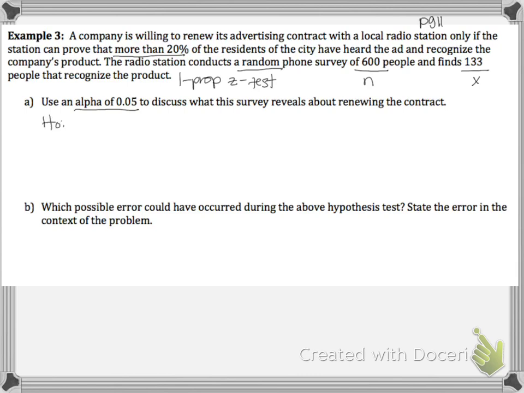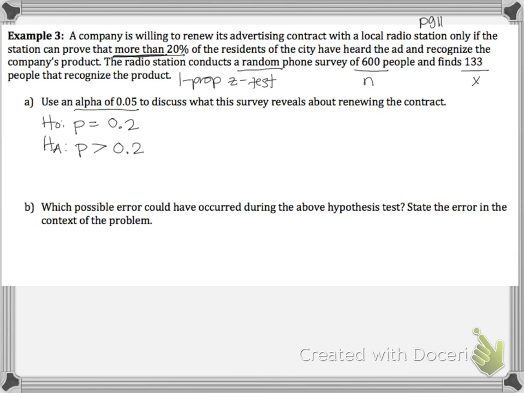So let's begin with our hypotheses. Remember, if this is a 1 prop Z test, then the hypotheses look like P equals, and then P is greater than, less than, or not equal to. That direction comes from this language right here, more than. More than implies greater than. And then the value after that statement helps me figure out what my P naught is for my calculator.